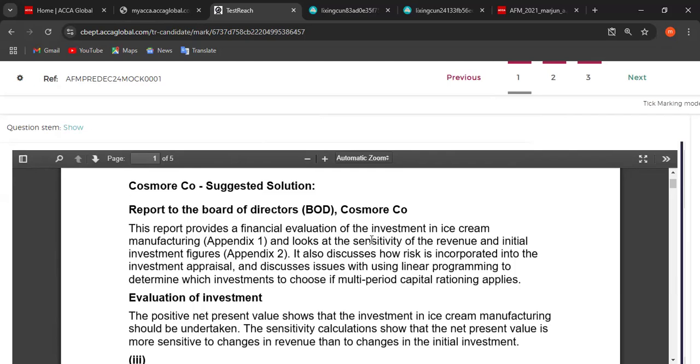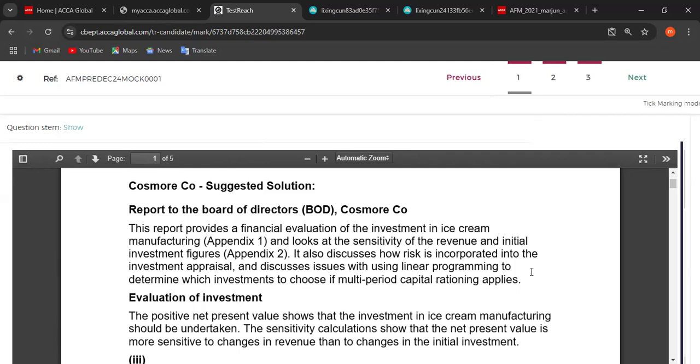The report also discusses how risk is incorporated in the investment appraisal and the issue with using linear programming to determine which investment to choose if multi-period capital rationing applies. So this introductory paragraph is nothing; it is just the requirement of the question which you are copy-pasting.